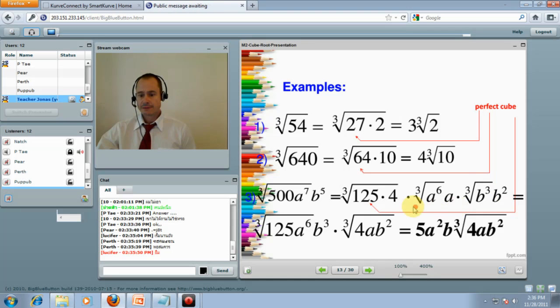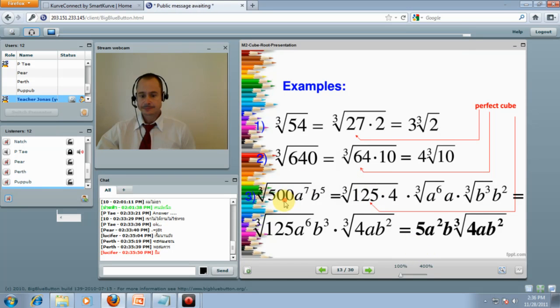So now you have 125. You can extract. Now first here they put this together, 125, and then they put a^6, and then they put b^3, and this here you can simplify, and the rest that is still left is 4, a and b^2.